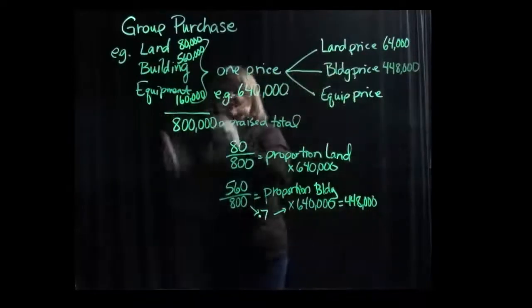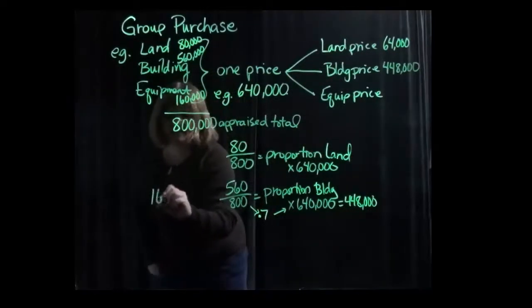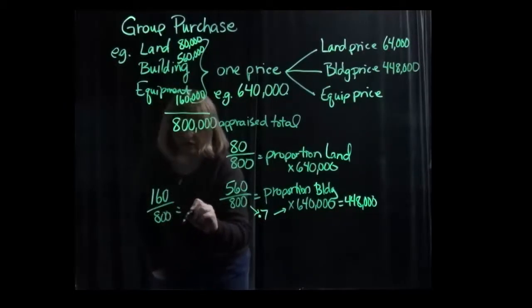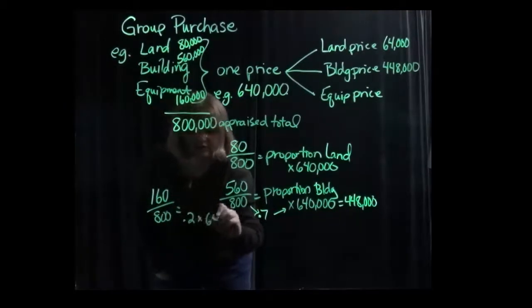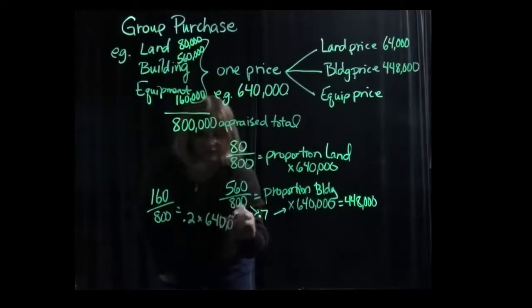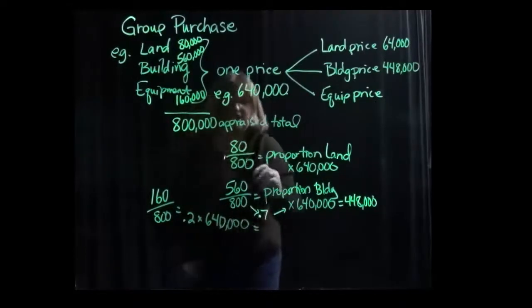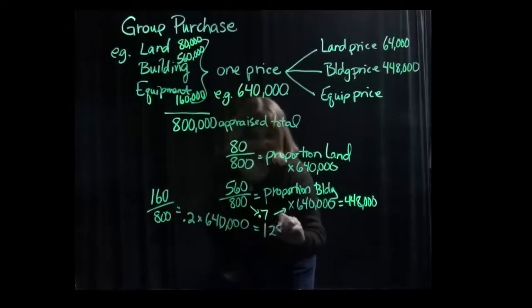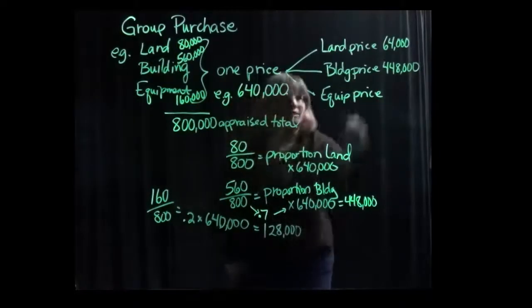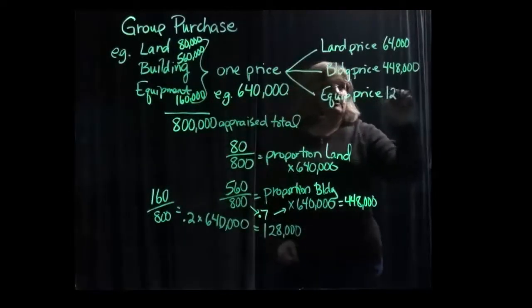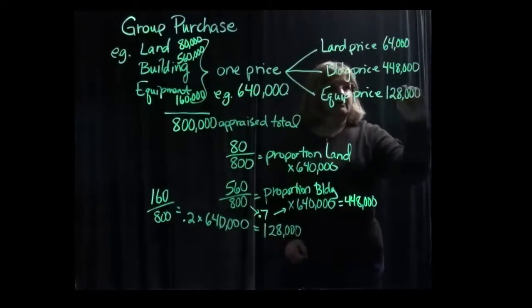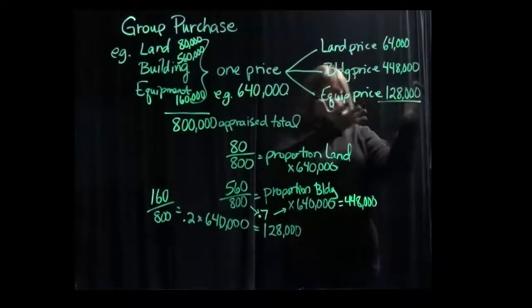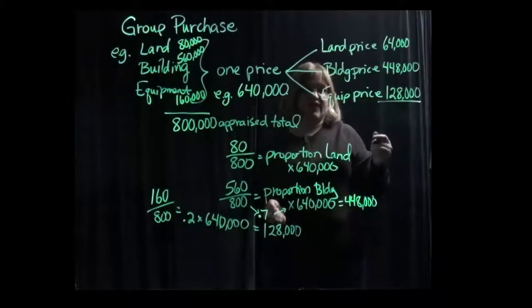The equipment price, then, we would take the 160, we would divide that by 800, that gives us 20%, and 20% times the 640,000 would give us 128,000. And so that would be the cost we would deem as the equipment cost value.